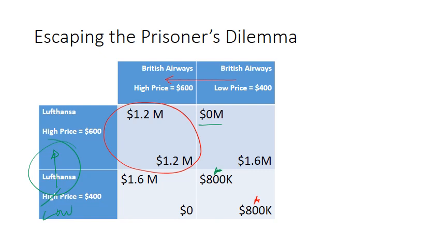That's a way that they could also avoid this, and it looks a whole lot like competition. Interestingly enough, it's probably anti-competitive. In any event, you can escape the prisoner's dilemma if you can find a way to cooperate or, as we're discussing here, tacitly collude.